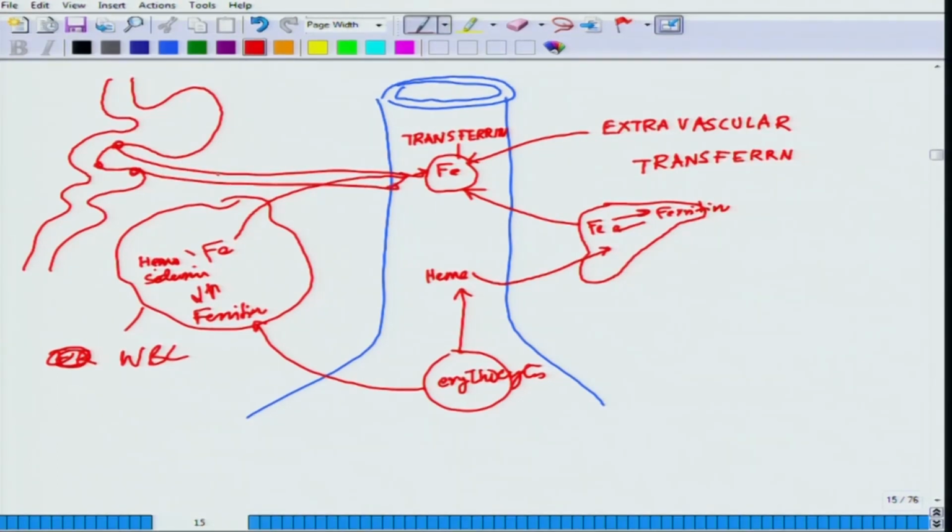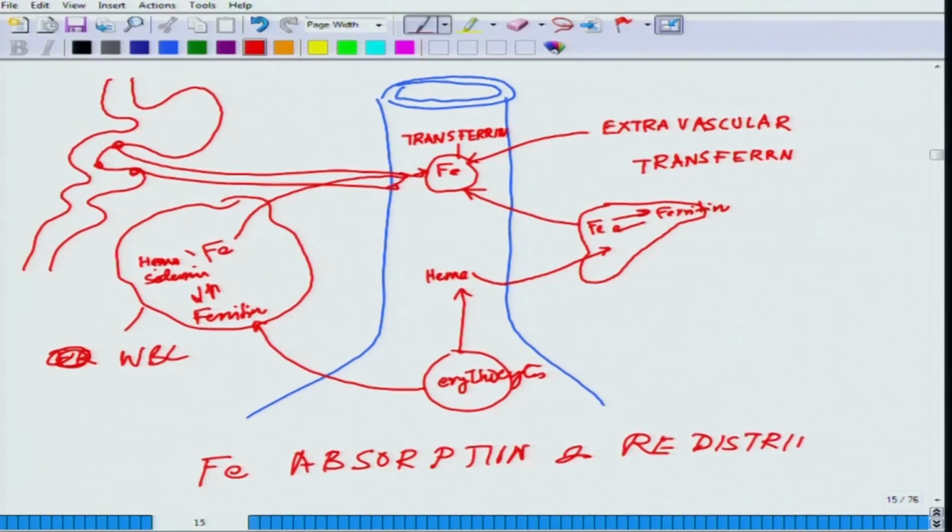So, the highlighting feature is this iron absorption and redistribution in the body. Okay.